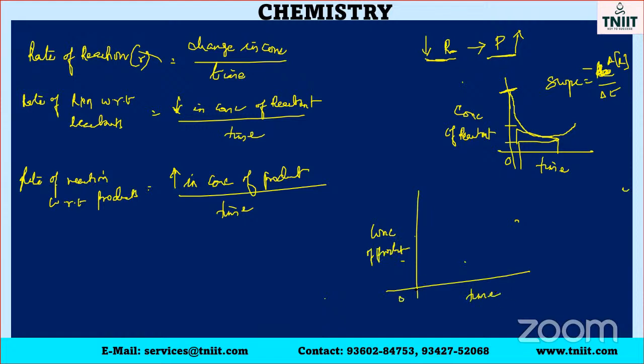At time t equal to 0, the concentration of product is 0. As time proceeds, concentration of product keeps on increasing. The slope of this also will give you the rate, and that will be equal to change in concentration of the product with respect to change in time. We have not written a minus sign because the concentration of the product will increase.